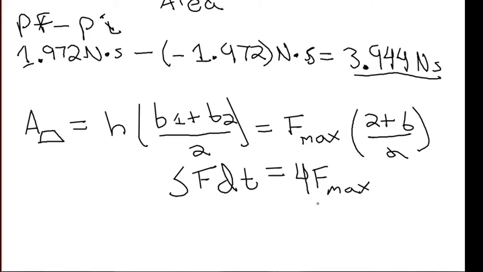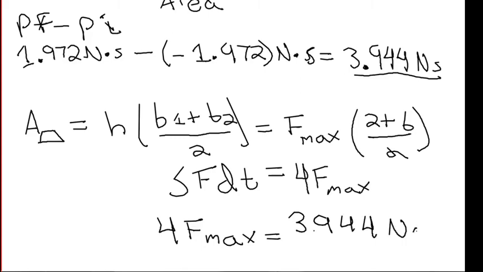And then I know the area is also the impulse, the change in momentum. So 4 times F max is 3.944 Newton seconds.